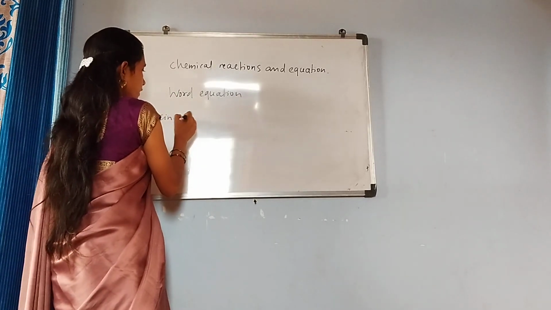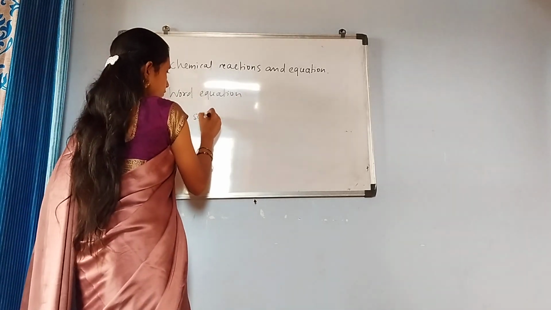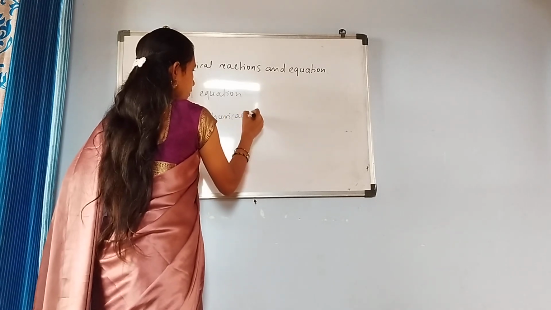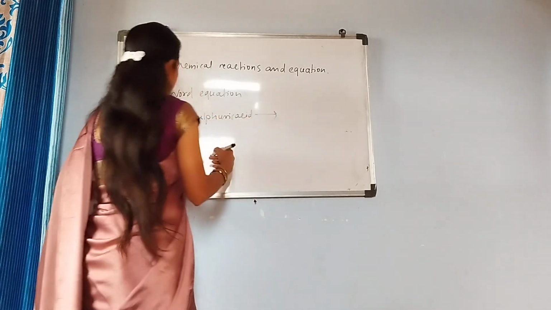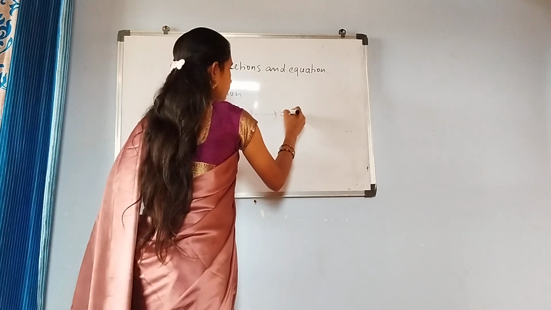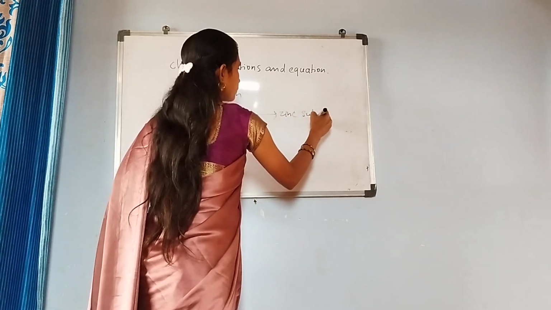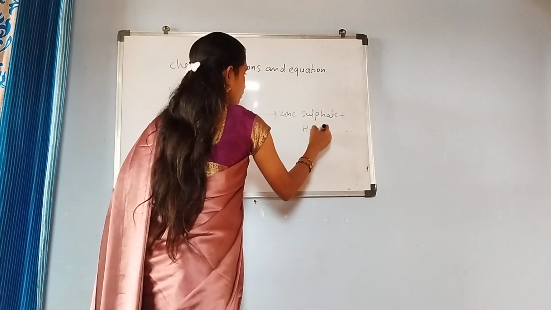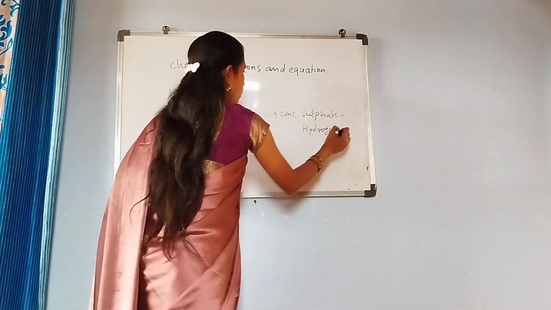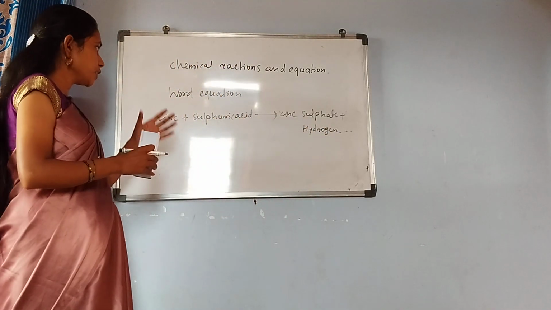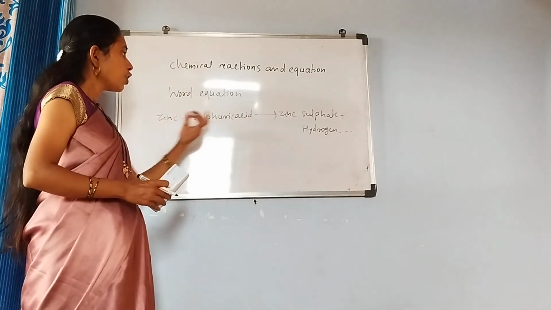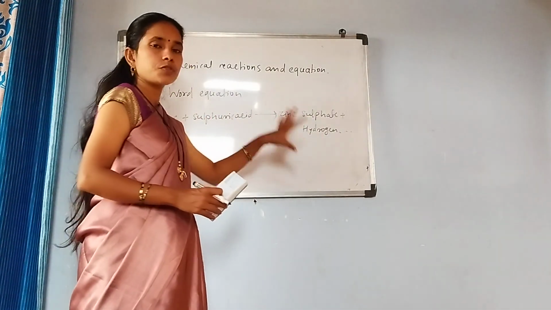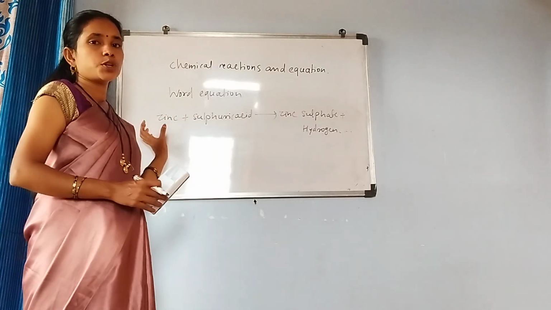Zinc is reacting with sulfuric acid, and it is forming zinc sulfate plus hydrogen gas. In this case we don't know how many molecules of zinc there are, how many molecules of sulfuric acid there are, and here also we can't identify how many molecules of zinc sulfate there are.